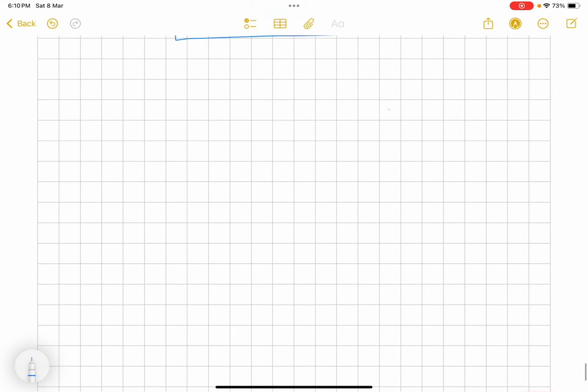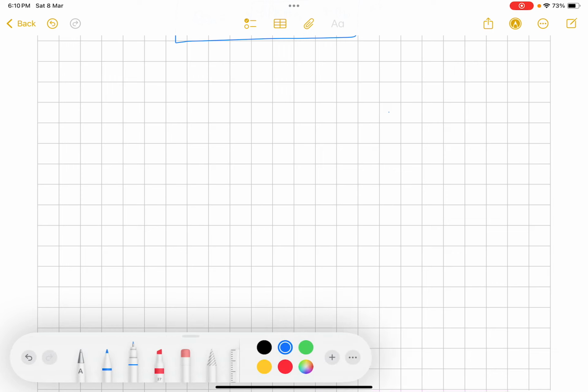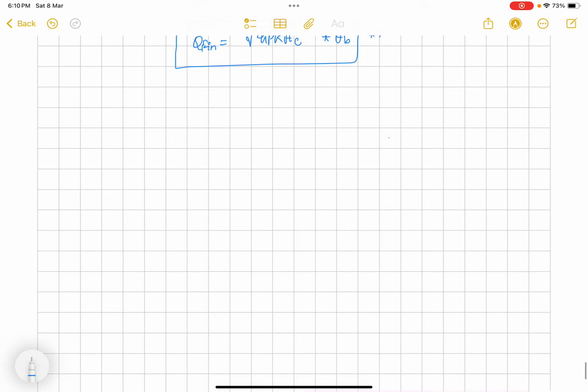So what I mean by this, let me plot in some graphs so that you can understand in a better way. So (T minus T infinity) divided by (T_b minus T infinity). If we plot along the length, so let's say this is the length, total length, this is x equal to 0.